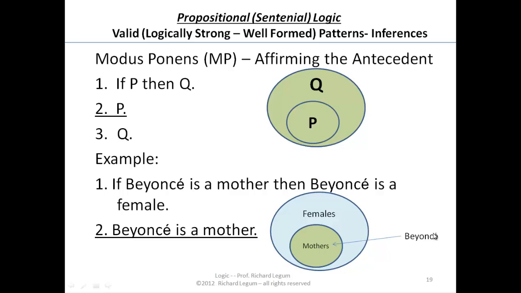We know that Beyonce is a mother, so we know where we are is in the green circle. Well, if we know that she's a mother, we also know that she is a female. So it looks like modus ponens is a valid form of inference. That is, the conclusion will follow from the premises in the case of modus ponens.